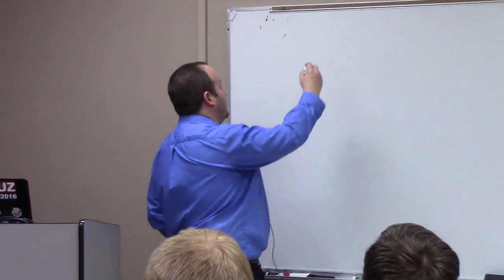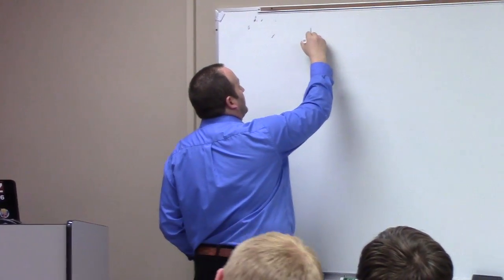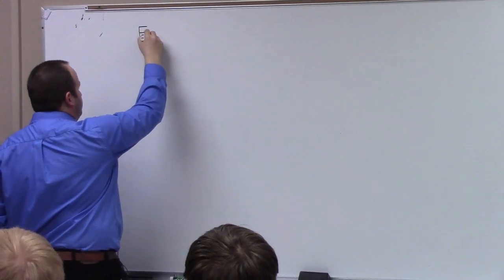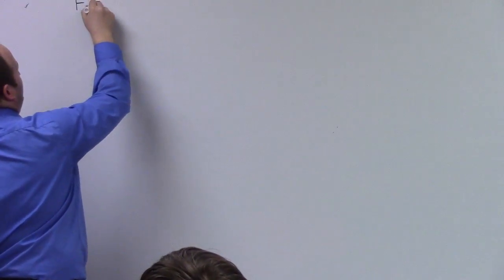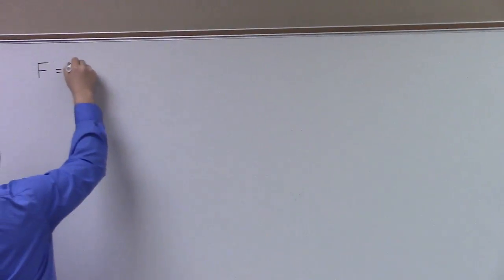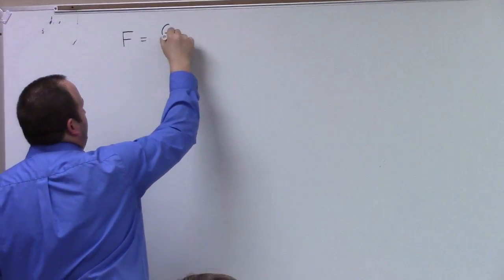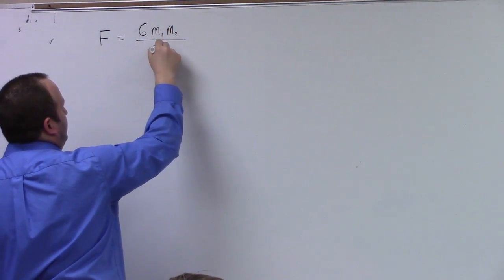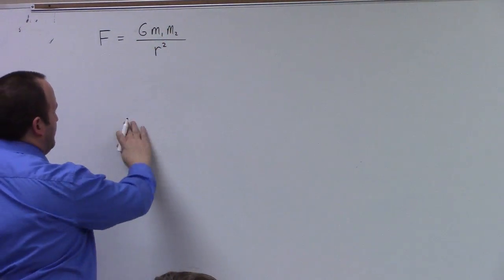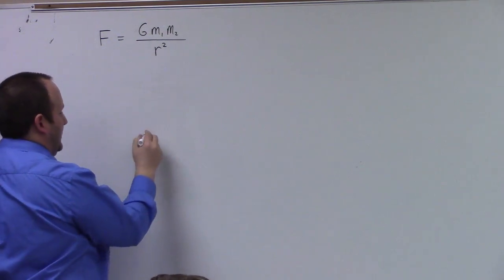So Newton's general law of gravitation is this. F, excuse me, is equal to, well, in magnitude, G m1 m2 over r squared. Now, that's the boring case.